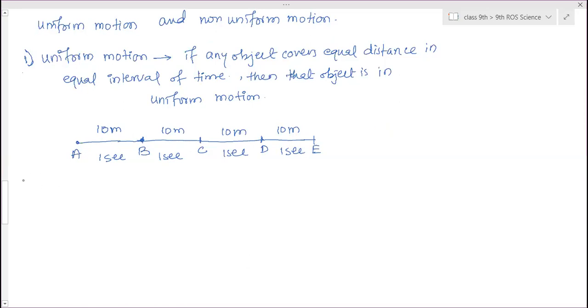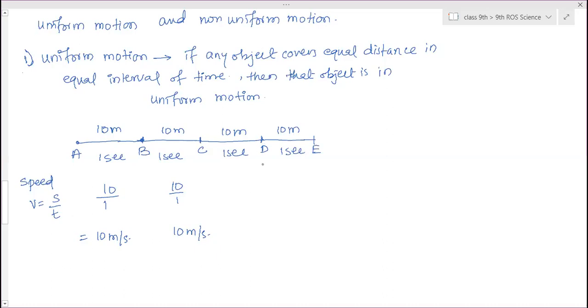If we calculate the speed in uniform motion, it is always constant. Speed V is equal to S by T. What is the distance? 10 meter by 1, so that means 10 meter per second is the speed in the first interval of time. Next, B to C, speed will be 10 by 1 again, 10 meter per second.